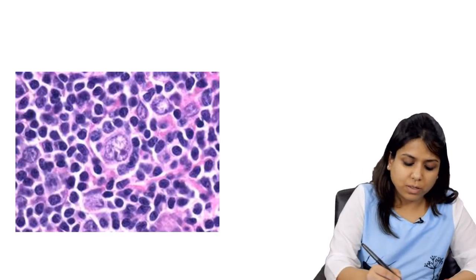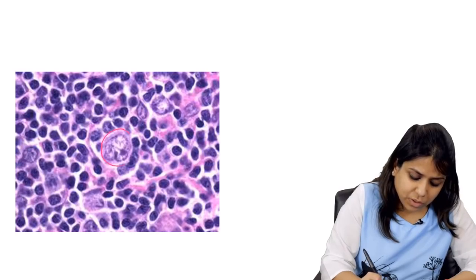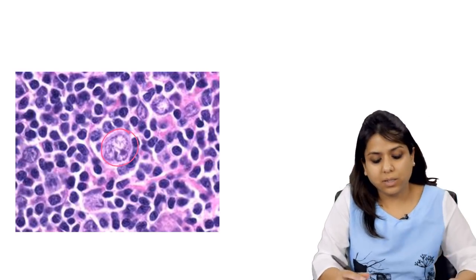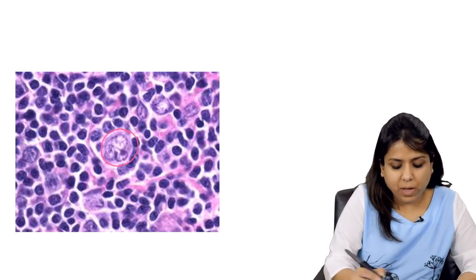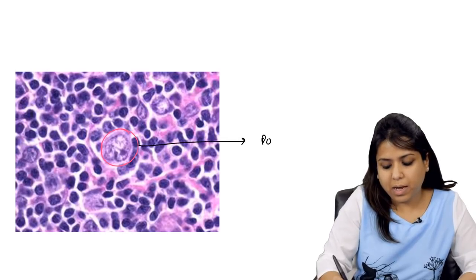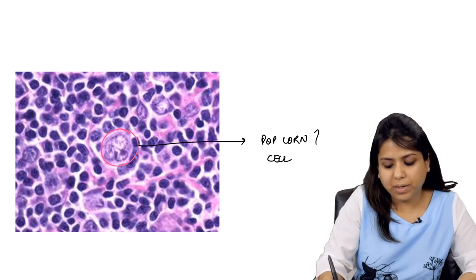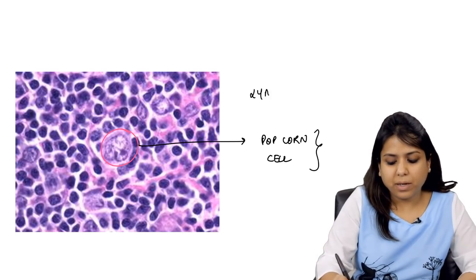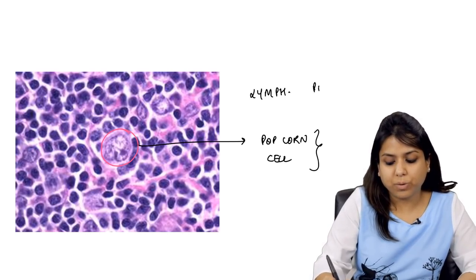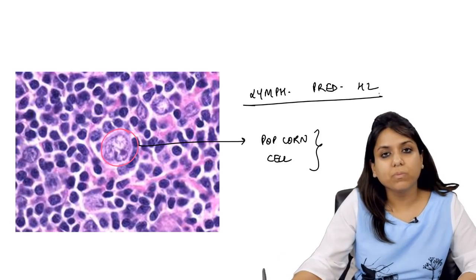Similarly, students, there is another type of Hodgkin's lymphoma which shows a popcorn RS cell. Can everybody appreciate this cell? This cell is shaped like a popcorn. That is why it has been named as a popcorn cell, and it is a characteristic feature of lymphocyte predominant Hodgkin lymphoma.